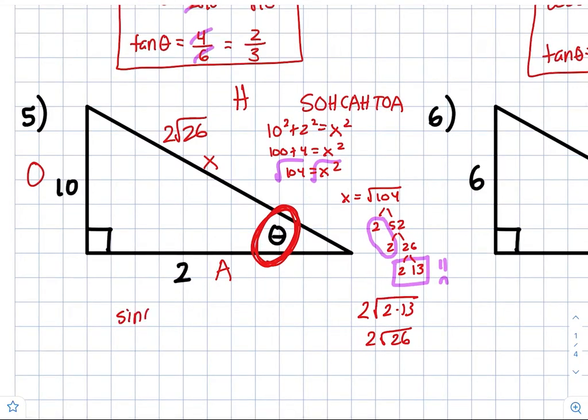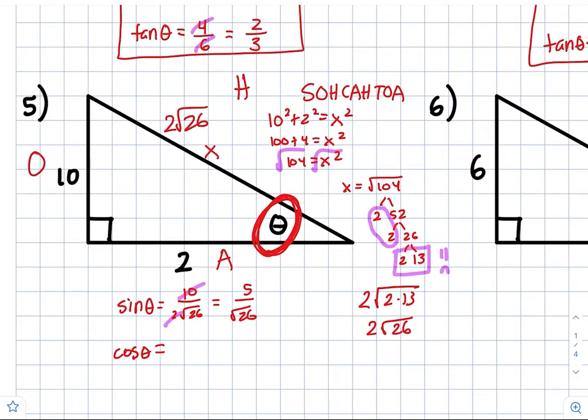So sine of theta is equal to opposite, use SOHCAHTOA, right? Opposite over hypotenuse, so that's 10 over 2 rad 26. You could divide top and bottom by 2 to get 5 over rad 26. Cosine theta is equal to adjacent over hypotenuse, so 2 over 2 rad 26.